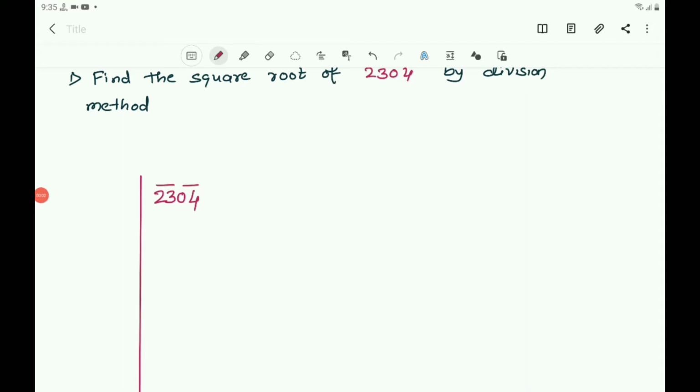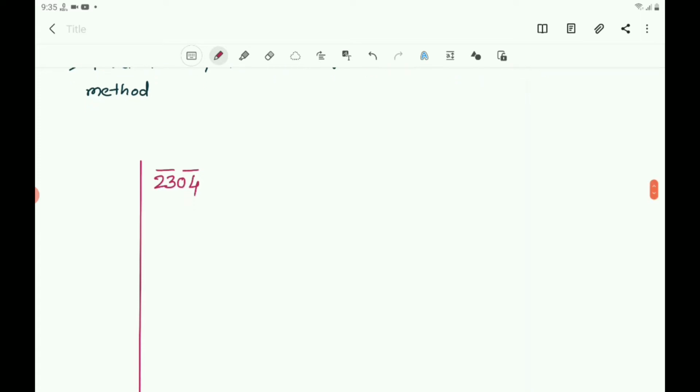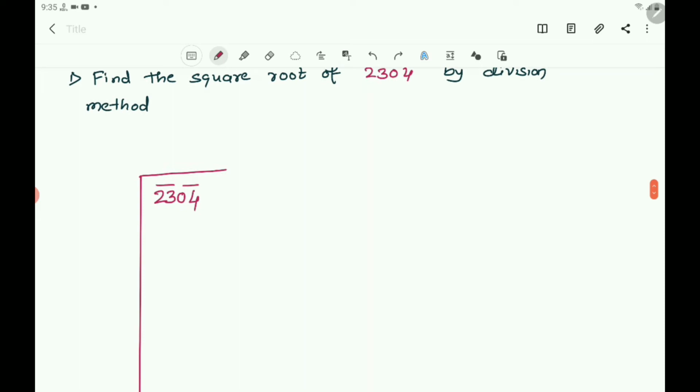In this perfect square number there are 4 digits, so each group has 2 digits. Now let us take the first group, 23. We have to find the smaller perfect square nearest to 23.